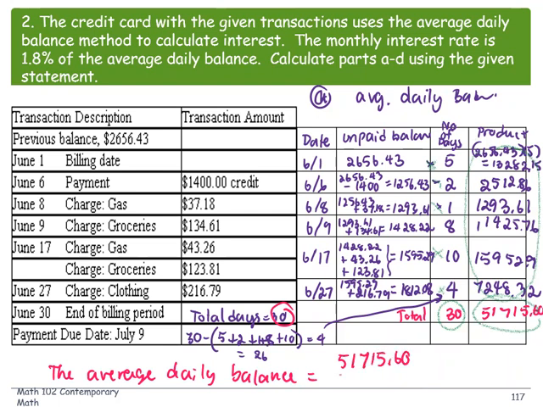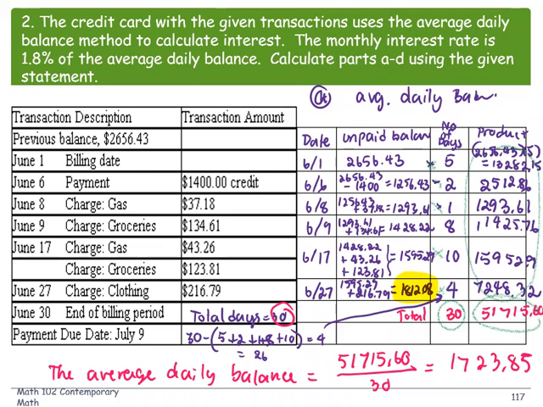51715.60 divided by 30, and the number is 1723.85. This is the average balance for each day, and it's going to be used to compute the interest. But for part C, we're going to have to use the final number here, the current balance, to compute how much is due for the end of the period.